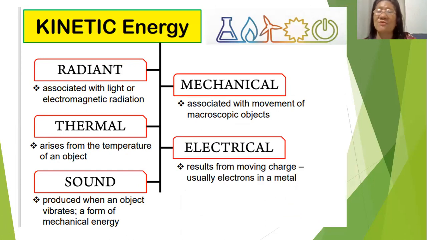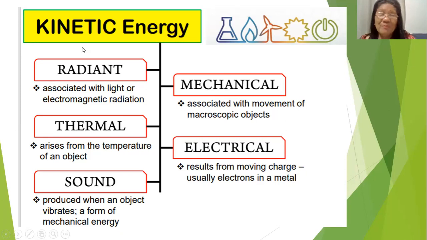What are these types of energy? The first one is radiant, from the word radiant, meaning this comes from radiation. Oh, radiant, from the sun. Yes. We already know from our previous topic about electromagnetic radiation, so associated with light.